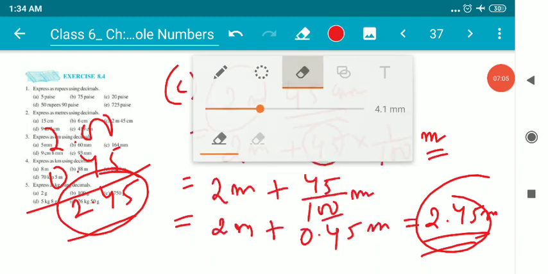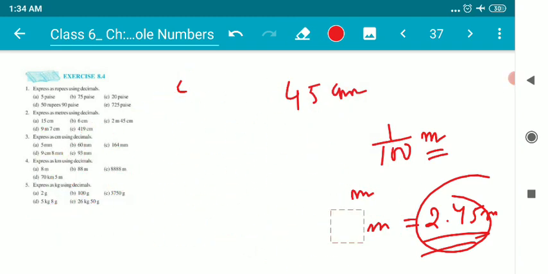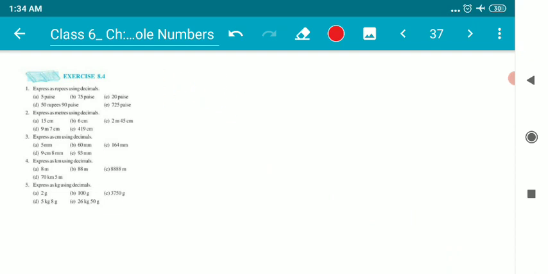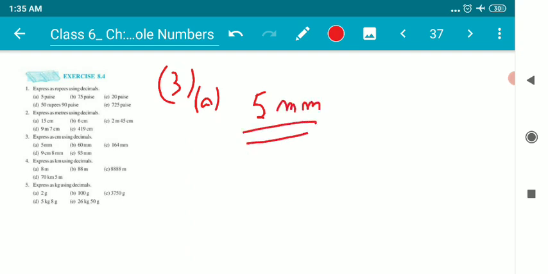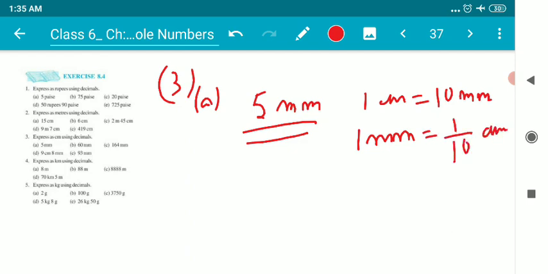Now I want to show you one sum from question number 3, and I request everybody to try out the next question. 3A is about 5 millimeter to be converted into centimeter. Children, we must know that 1 centimeter is equal to 10 millimeter, and 1 millimeter is equal to 1 by 10 centimeter.